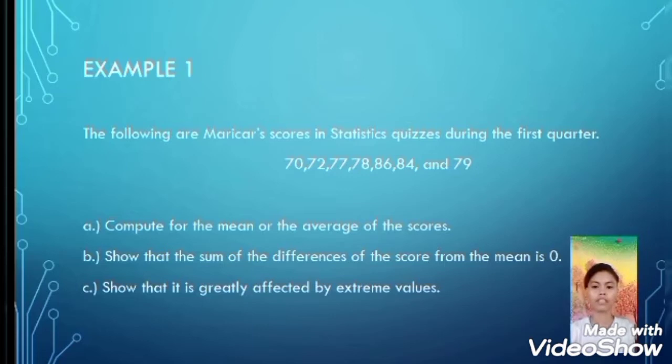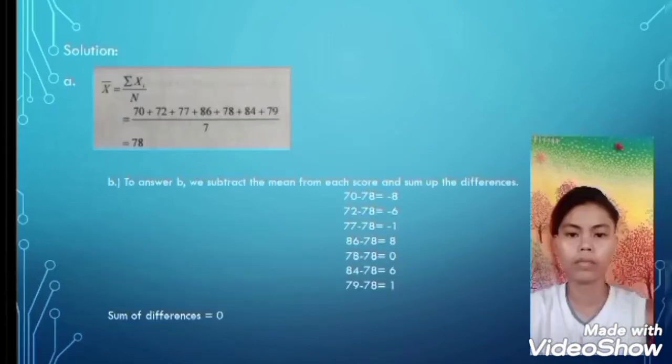To get the mean of the ungrouped data, you need to follow this. A. Compute for the mean or the average of the scores. B. Show that the sum of the differences of the scores from the mean is 0. C. Show that it is greatly affected by extreme values. Solution: mean equals the sum of the scores over the total frequency.